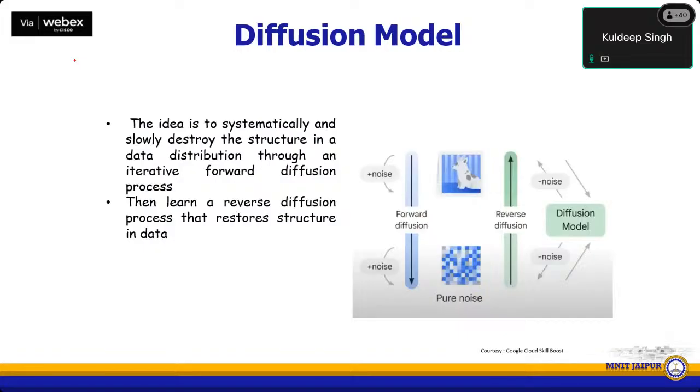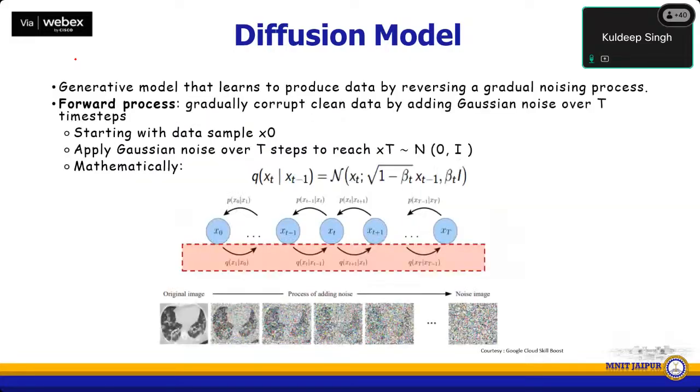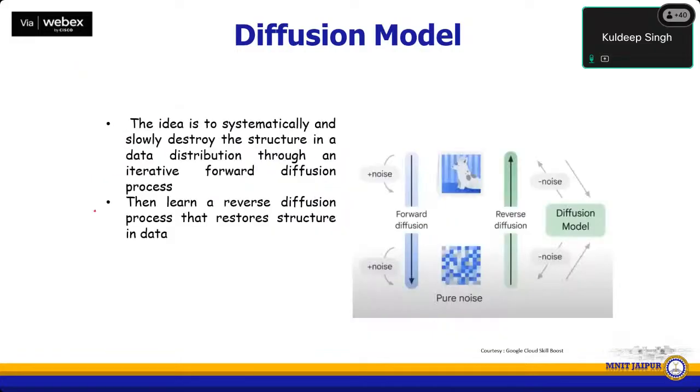Firstly, we can start with a forward diffusion in which we go from x0, the initial image, to x1, the initial image with a little bit of noise added to it. We can do this again and again. You can see here the noise, forward diffusion. As a result, it becomes pure noise.